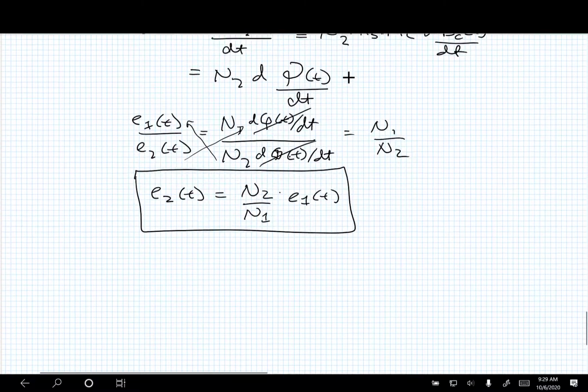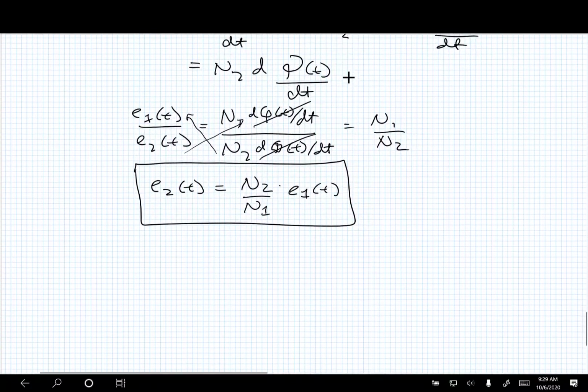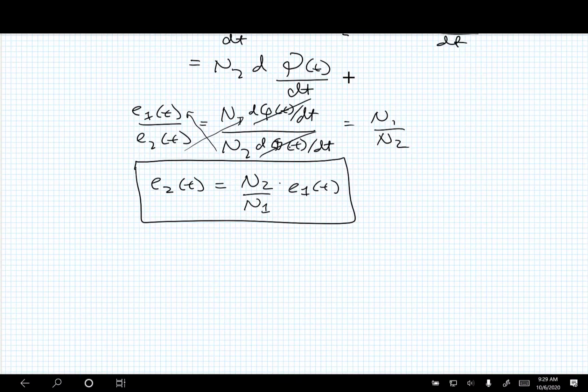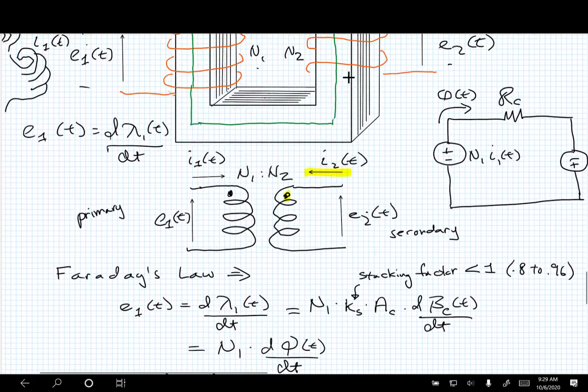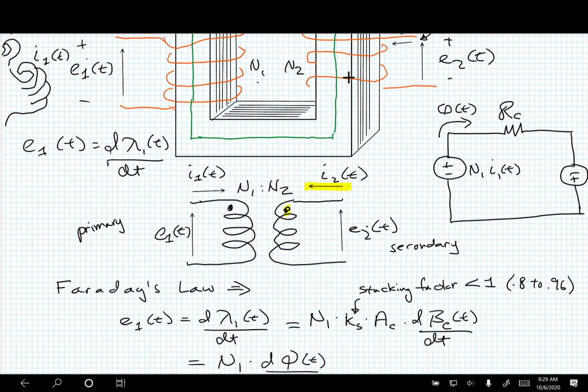Okay, so this is your first very important expression regarding transformers. The second one, let's talk about Ampere's law. So remember, we have this magnetic circuit that we drew up here.